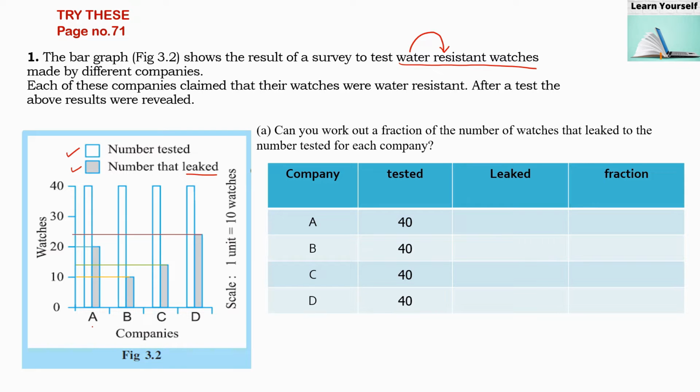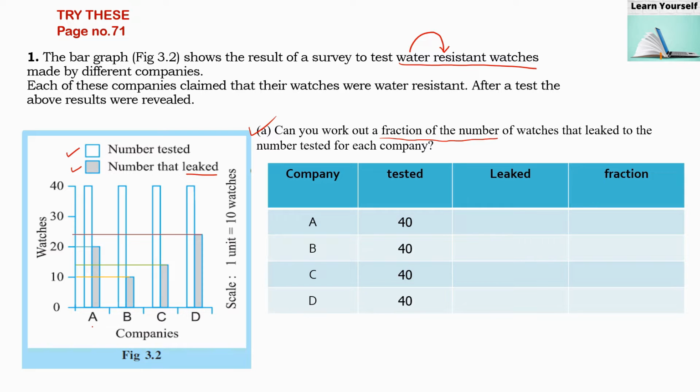Here I have made one table and you can see A, B, C, D, and watches tested for each company are the same, that is 40. The first question is, can you work out a fraction of the number of the watches that leaked to the number tested for each company?